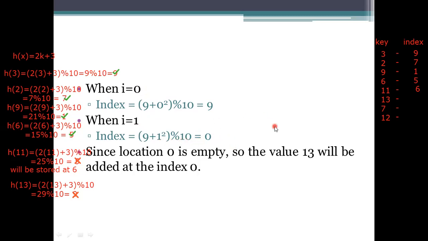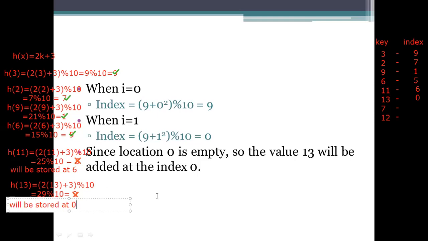So here we need to see whether 0 is empty or not. It is not being used here, so just store the value there. The value we have considered, 13, will be stored at index 0. So index 0 will be storing the value 13 here.